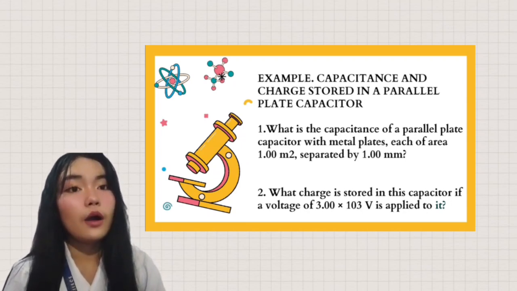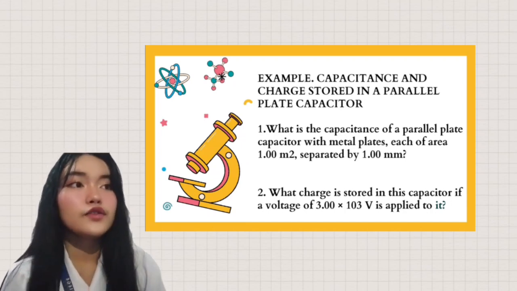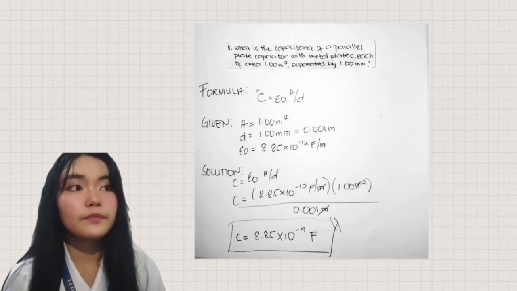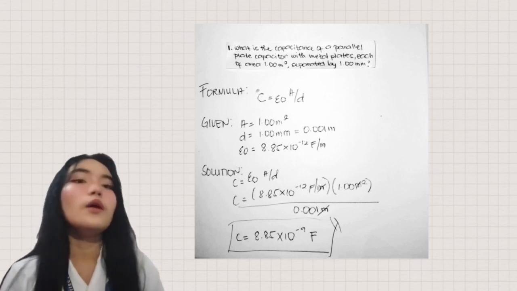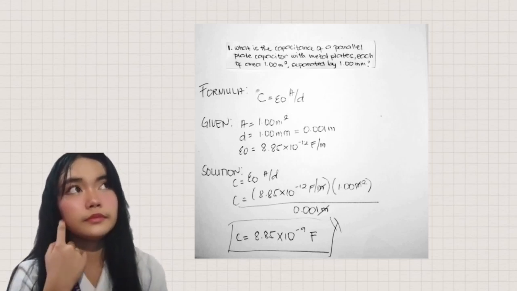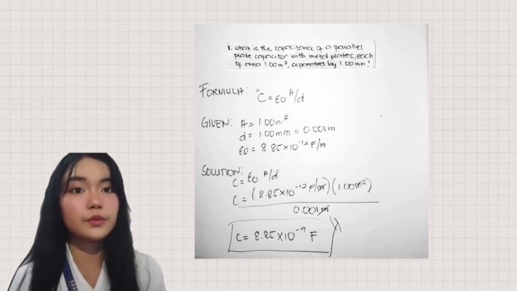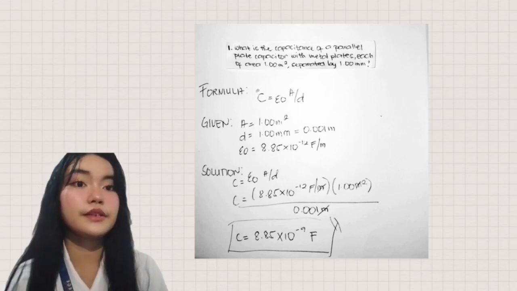Now, what are we going to find? Yes, the capacitance. So we're going to use the formula of capacitance, C equals epsilon naught A over d. The first procedure is the given.